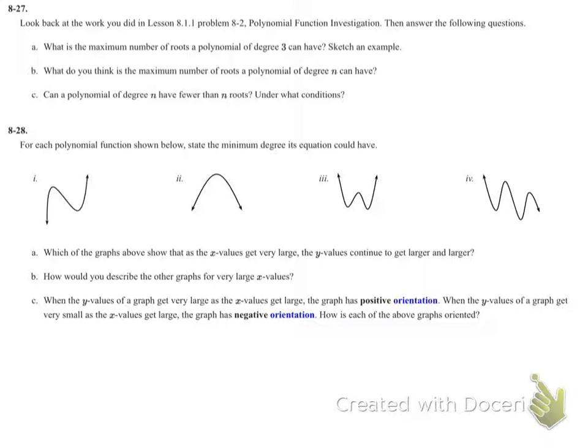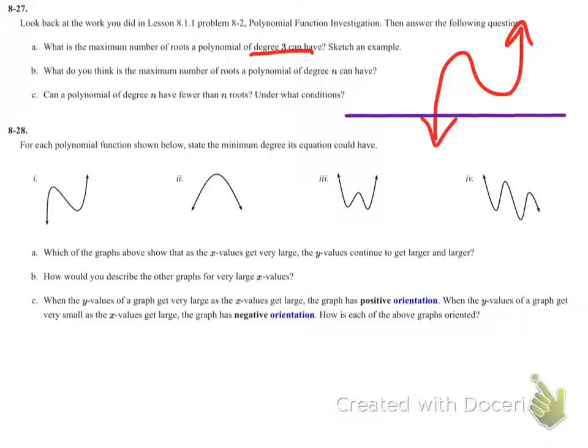problem 27 wants to know if I have a degree 3, how many possible roots could I have? So a third degree polynomial, again, will look like this. So if I have an x-intercept or an x-axis right here, that x-axis right now is intersecting it once, but it could actually intercept it multiple times.